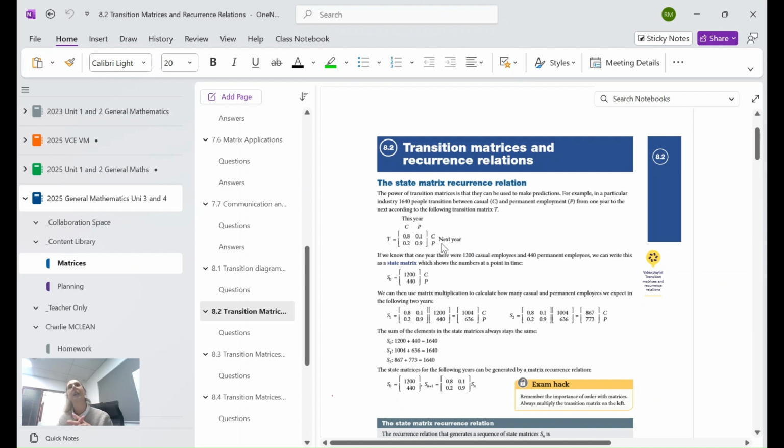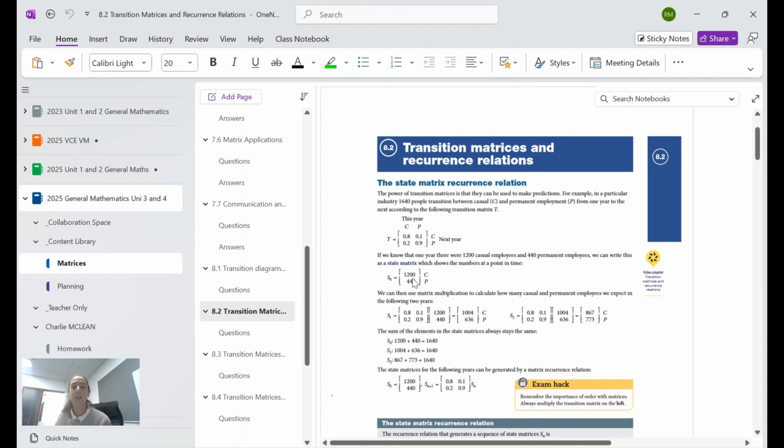So how do we actually use that information without having to do hand calculations for each part? What we actually need is our state matrix. This is the matrix that tells us how many people we have in this industry and where they started this year, so that we can see where they moved to by multiplying it by our transition matrix. Our state matrix here, S0, is where they started, the first iteration.